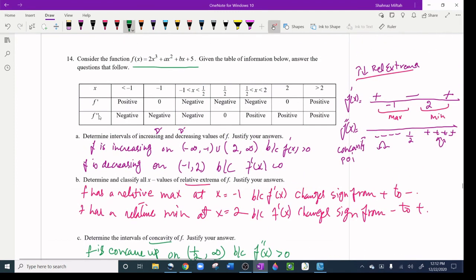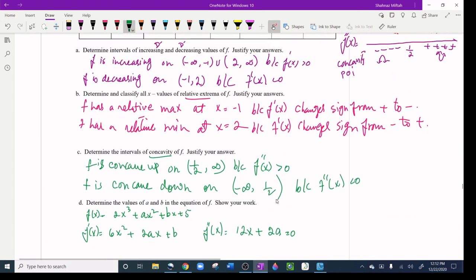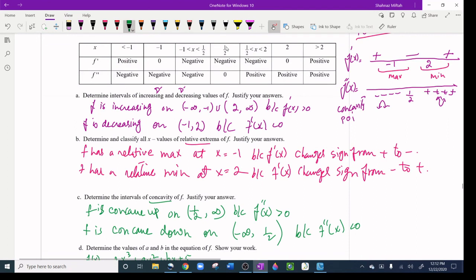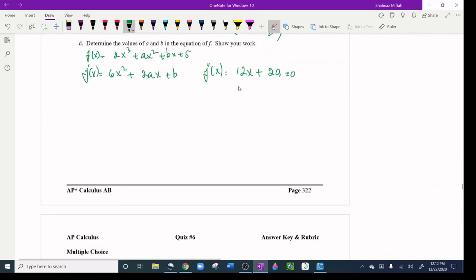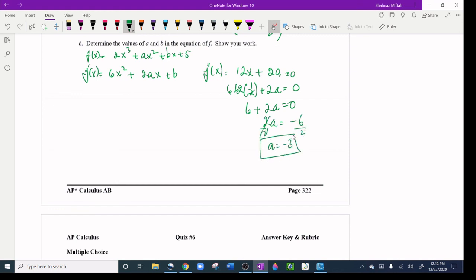Double prime equals 0, then the x value is half. So I'm going to plug in that half for x in 12x plus 2a equals 0. This simplifies to 6 plus 2a equals 0, so 2a equals -6. Divide both sides by 2, and I get a equals -3.